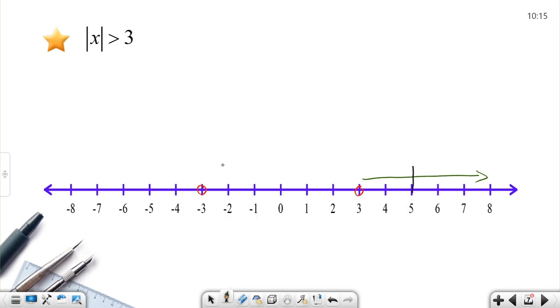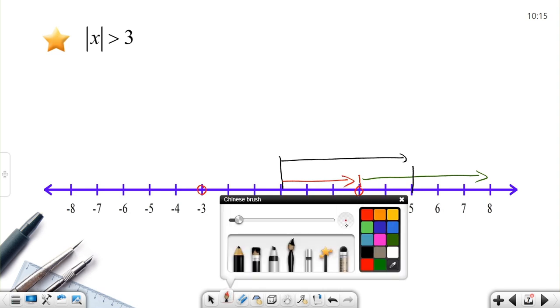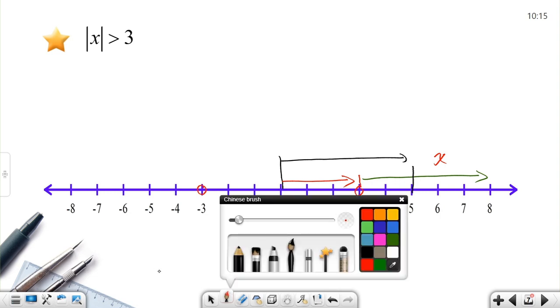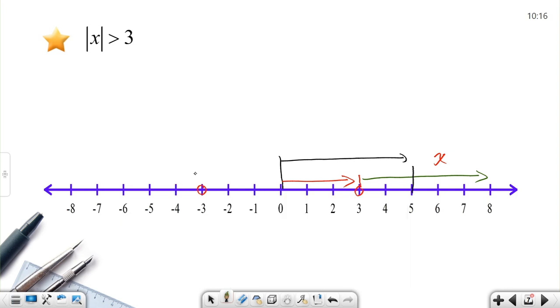Let's choose 5. The distance between 0 and 5 is greater than 3. Any number you choose to the right of 3 is greater than 3, so these x are greater than 3. Now look at the left side. If you choose numbers like negative 4, negative 5, negative 6, they are less than negative 3. Let's choose negative 4.6.